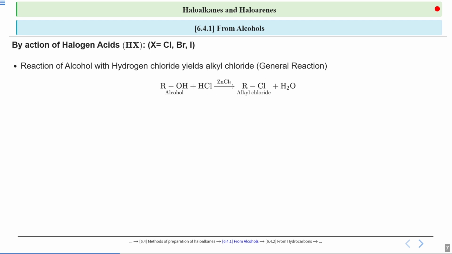This chlorine attaches with the R, and the OH and the H from the hydrogen chloride bind together to form a water molecule as a side product. So we got alkyl chloride from this process. From alcohol and hydrogen chloride reaction, you will get alkyl chloride, and this reaction happens in the presence of zinc chloride. You can observe here, in the presence of zinc chloride, ZnCl2, the alcohol reacts and gives you alkyl chloride.